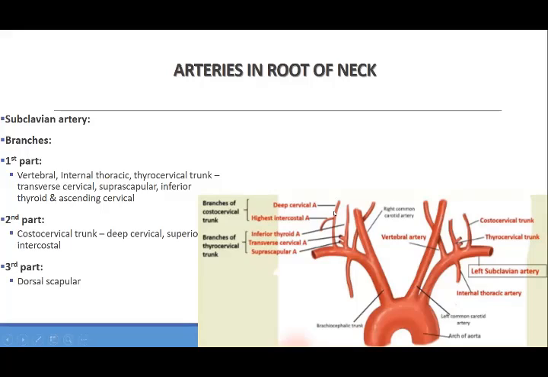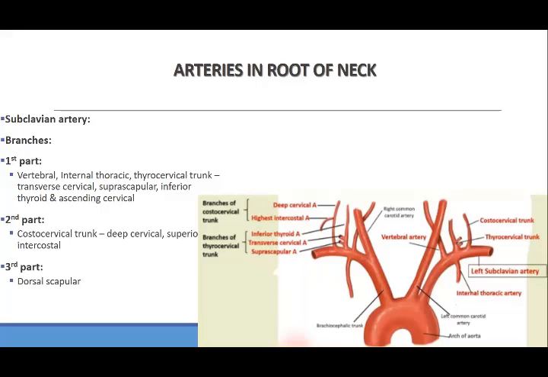Deep cervical up पढ़ चुके हैं upper limb में, okay, ये supply करती है in that particular area. Third part यहाँ पे they have shown the third part over here, but they have not shown its branch arising from the third part, and that is dorsal scapular.